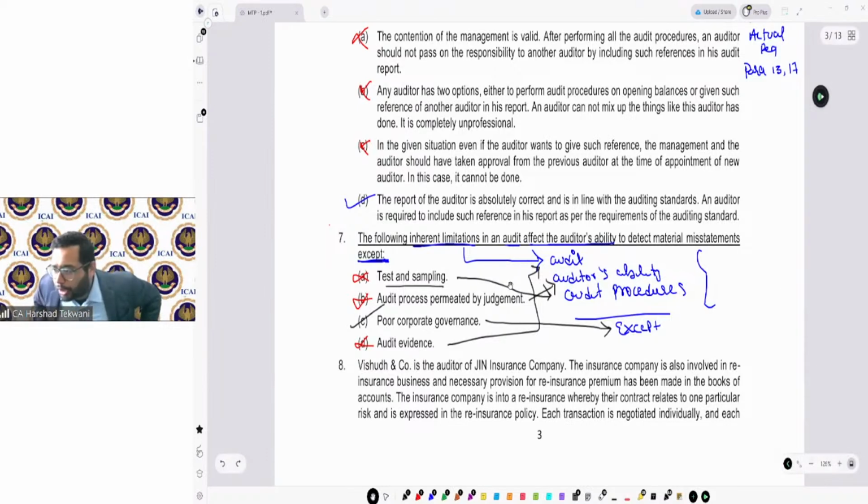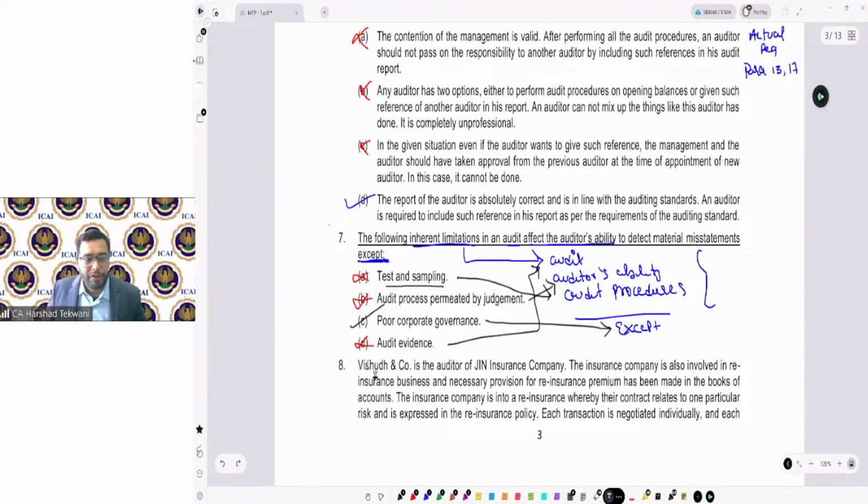Okay, let's proceed further. Next question. Vidushan Company is an auditor of JIN Insurance Company. The insurance company is also involved in reinsurance business and necessary provisions for reinsurance premium have been made in the books of accounts.